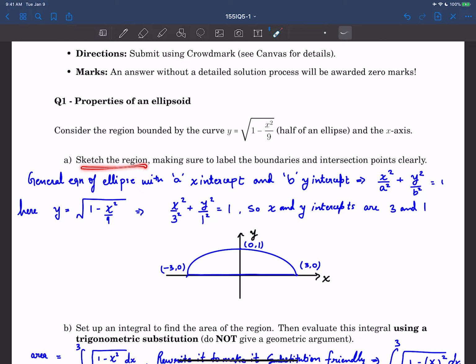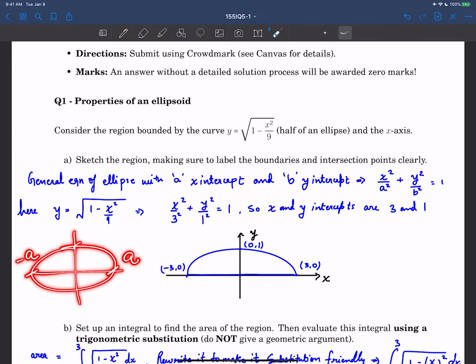We have to sketch the region, make sure to label the boundaries and intersection points clearly. So let's try to see. If you have an ellipse like this, where the x-intercept is a, minus a, that's b, minus b. So basically the points that you're looking at are just going to be a comma 0 here, and so on.